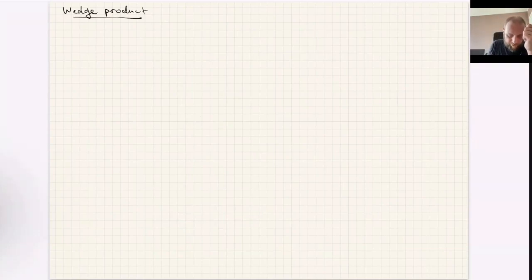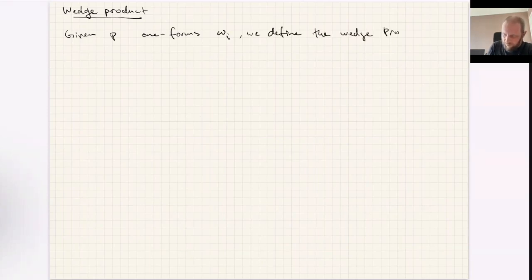So given p one-forms, I'm going to call them omega i, where i runs from 1 to p, so essentially dual vectors, we define the wedge product of those, so omega 1 wedge omega 2 wedge and so on and so forth, until omega p.